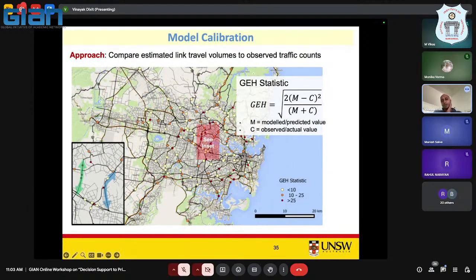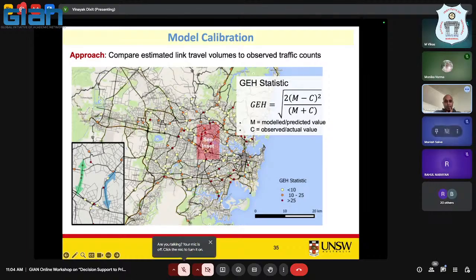When we are doing the calibration, one of the things we try to do is get the GEH statistics less than 10 or less than 5. 85% of them should be less than 10. It tells you, for each of these points where we have counts, the travel times and travel volumes, that the volumes are convergent.